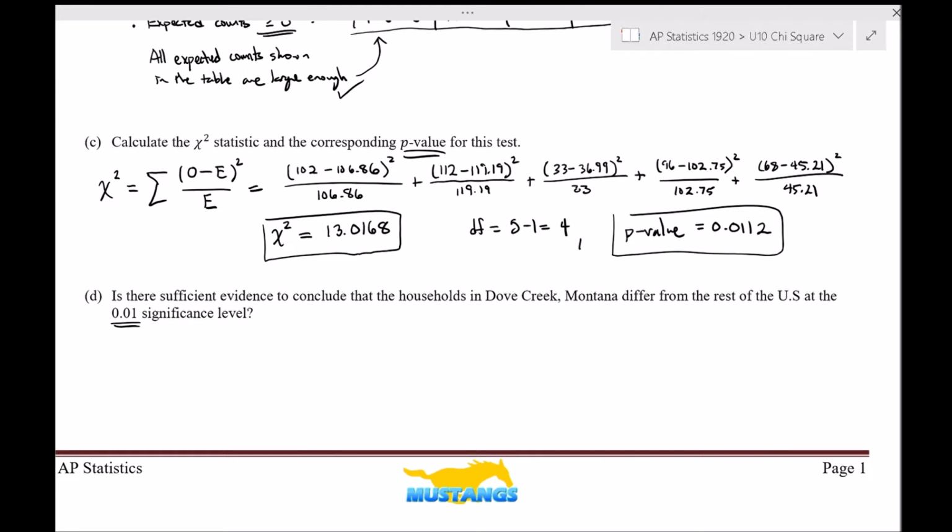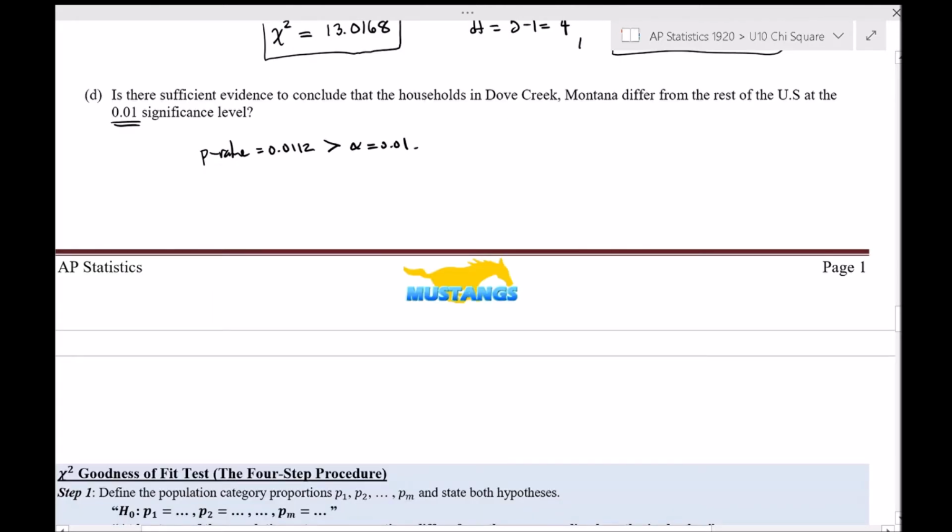Now the reason being, p-value is equal to 0.0112, which is greater than alpha 0.01. We should know that if the p-value is greater than alpha, we will fail to reject. So we're going to fail to reject the null hypothesis.